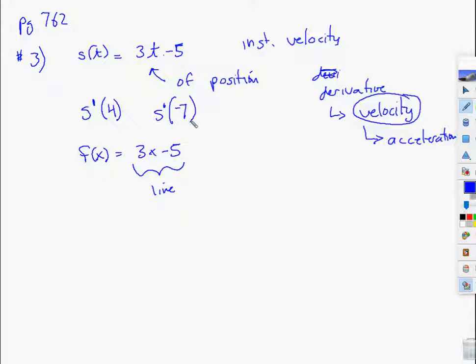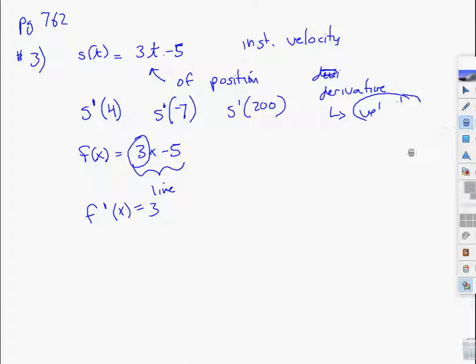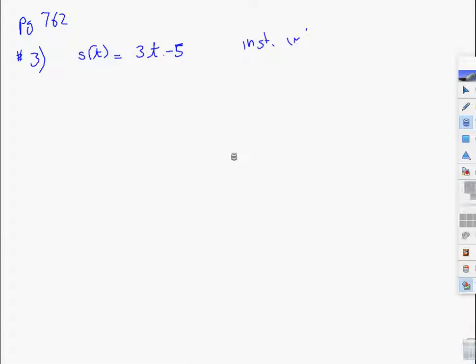I could put -7. Not that that makes any sense, because that would be time -7. It doesn't matter. The velocity is always going to be the same. It's always going to be 3, because this is the slope. Alright? But we are going to go ahead and do all the work involved and just show that it would be a 3.